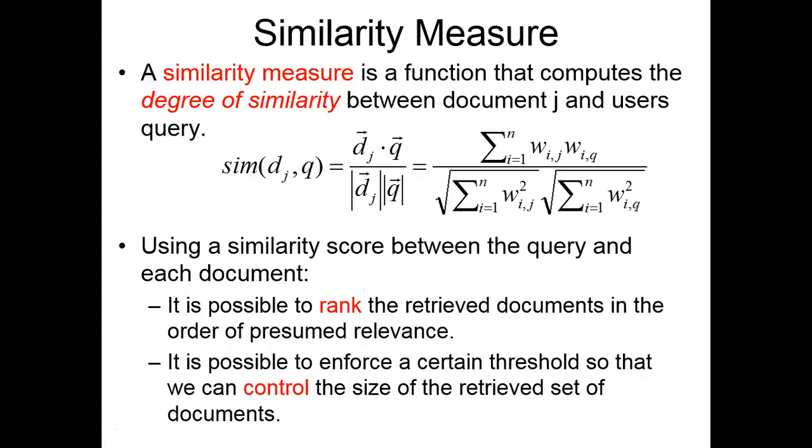That means the square root of the summation of the squared weights of all the terms in document J, multiplied with the square root of the summation of the squared weights of all the terms in the query. Again, we are getting a similarity score between 0 and 1.